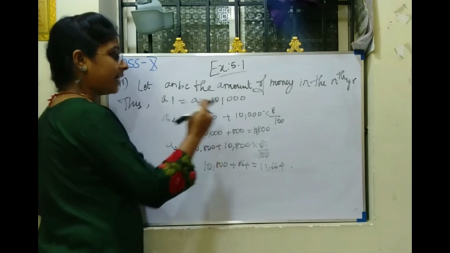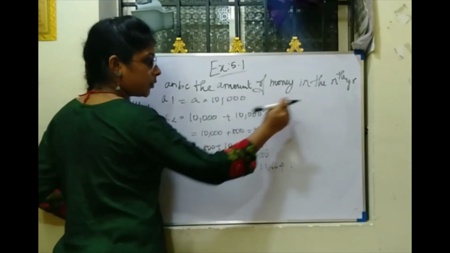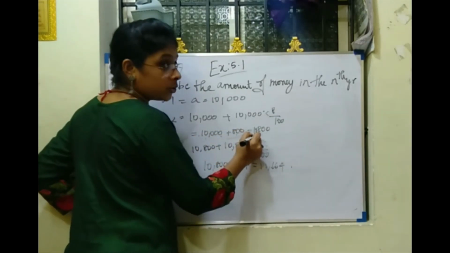The second term, they have told that it is 8% compound interest. So 10,000 plus 10,000 into 8%, we will get 800, and 10,000 plus 800 is equal to 10,800.